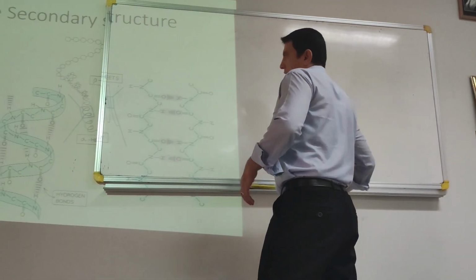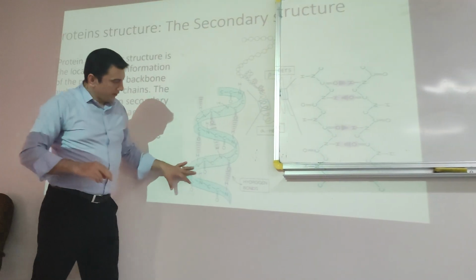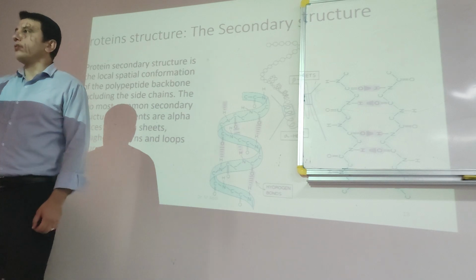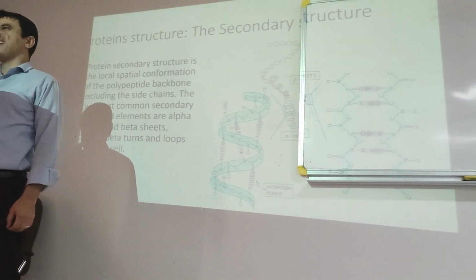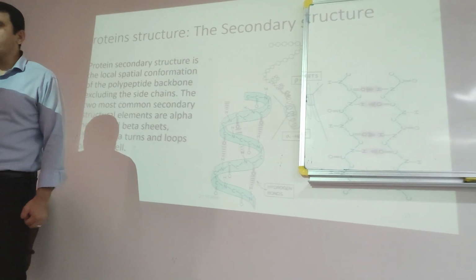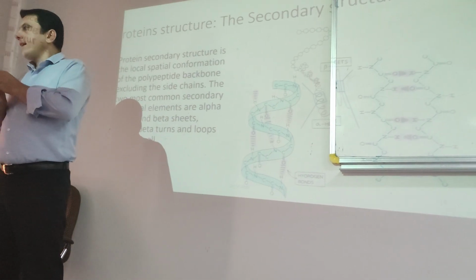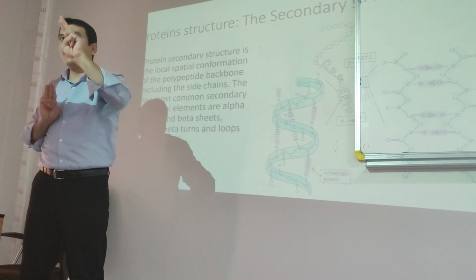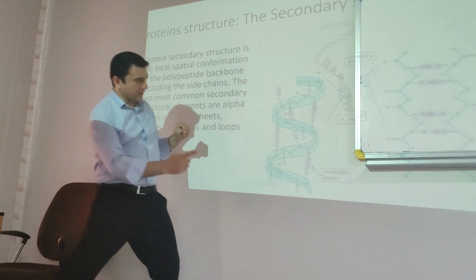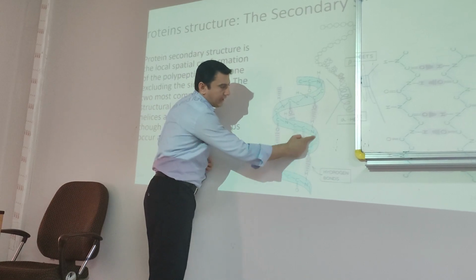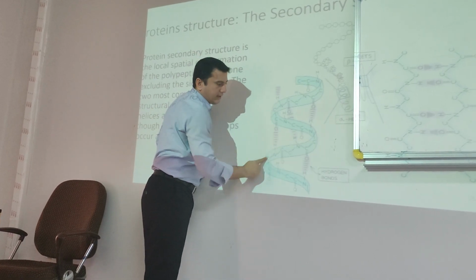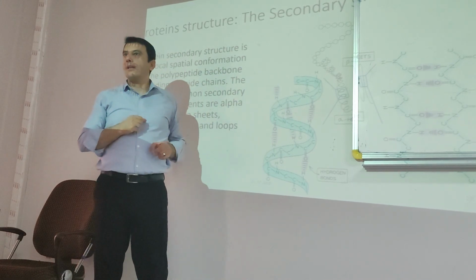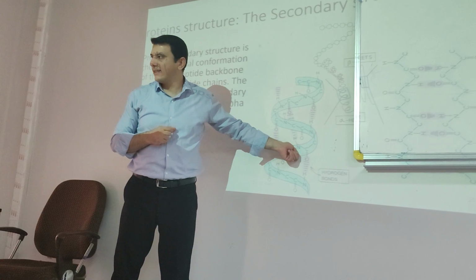So, when several amino acids link to each other, they can form several structural forms. We have three main secondary structures. The first one is a helix, and we name it alpha helix.